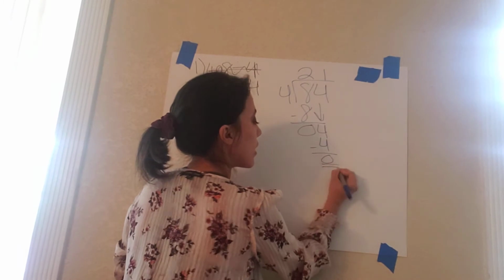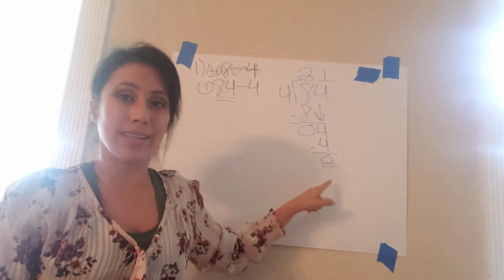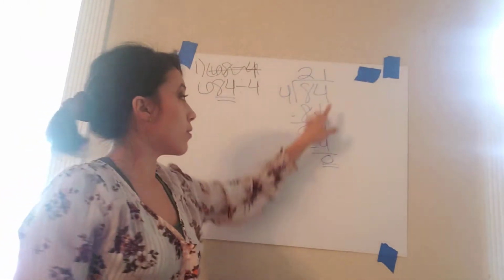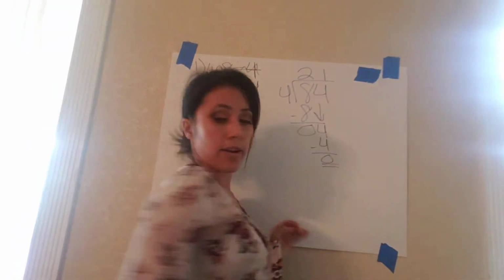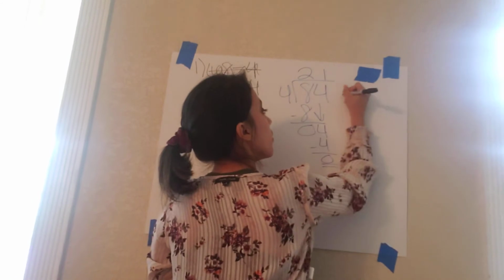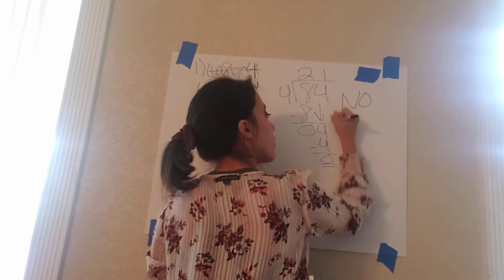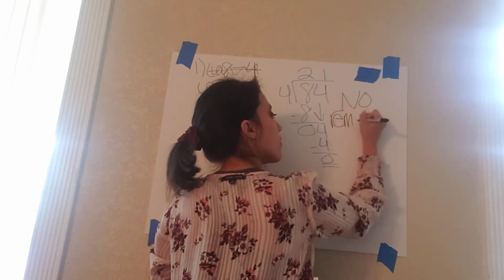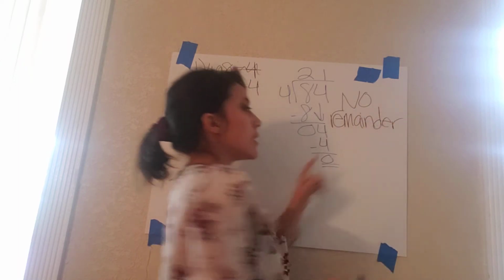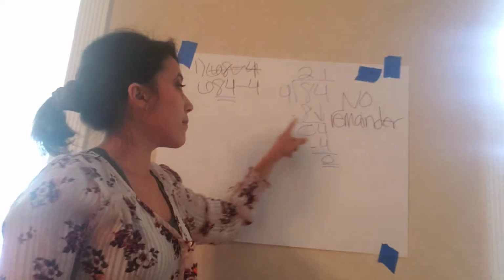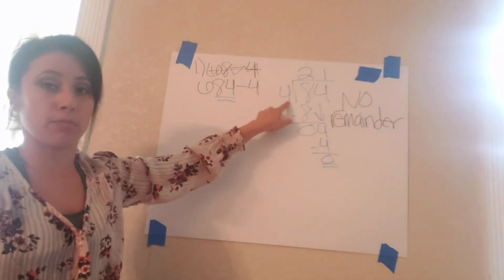The 0 right here is the key to seeing if it is divisible. Since it's 0, the key is that there is no remainder. Since there is no remainder, that means that 84 is divisible by 4.